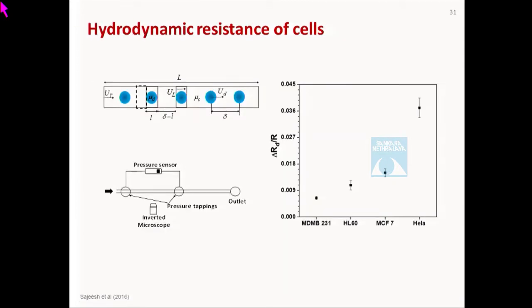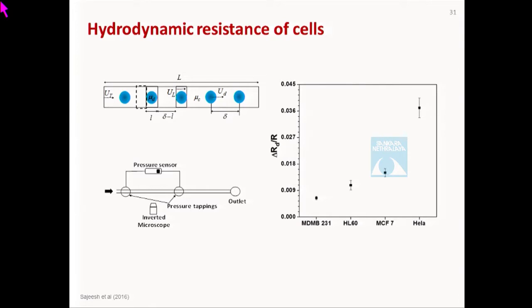So in our lab, we have done a couple of techniques to characterize mechanical properties of cells. And one of the things that we have used is called hydrodynamic resistance. So when you have, let's say, flow of cells in a channel, you can think of pressure as equivalent to voltage, and the flow as equivalent to current. If there are no cells present, you have large current, you have large flow.